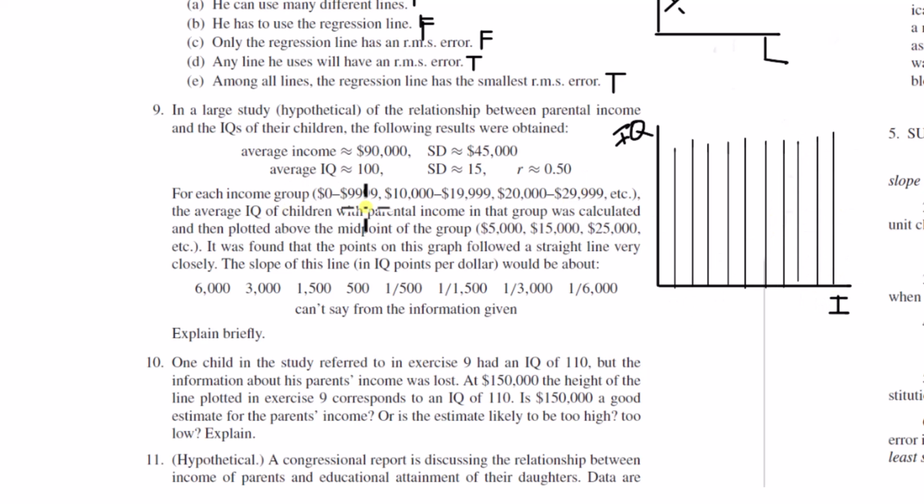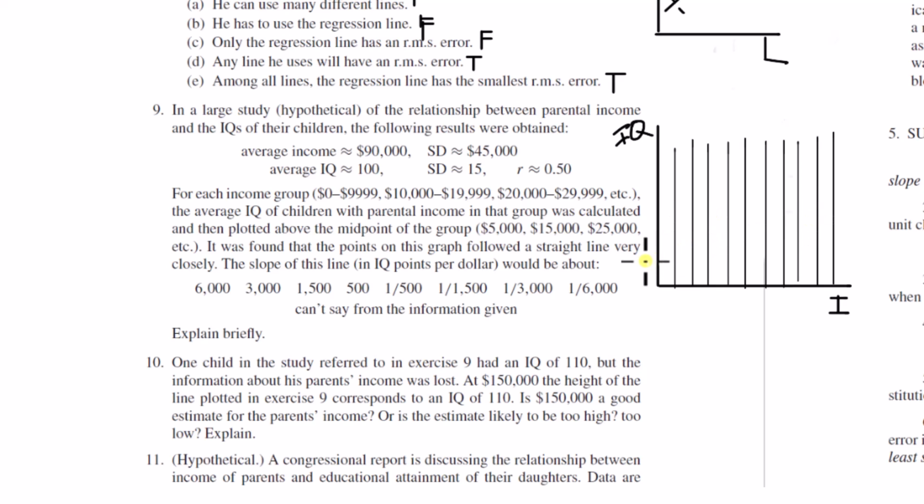Okay, and now what they're saying is that for each of these groups, they calculated the average IQ score of all the children within these groups and then plotted it in line with the midpoint of the interval. This is what they're talking about, a point of averages graph. It says it was found that the points on this graph followed a straight line very closely because the literal points of averages aren't necessarily going to be collinear.